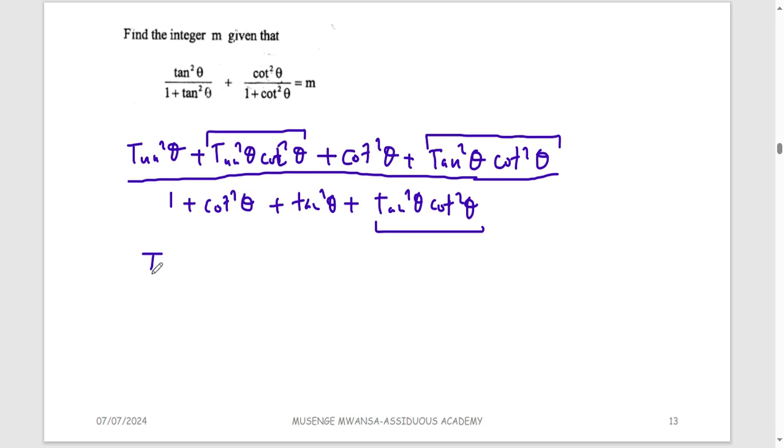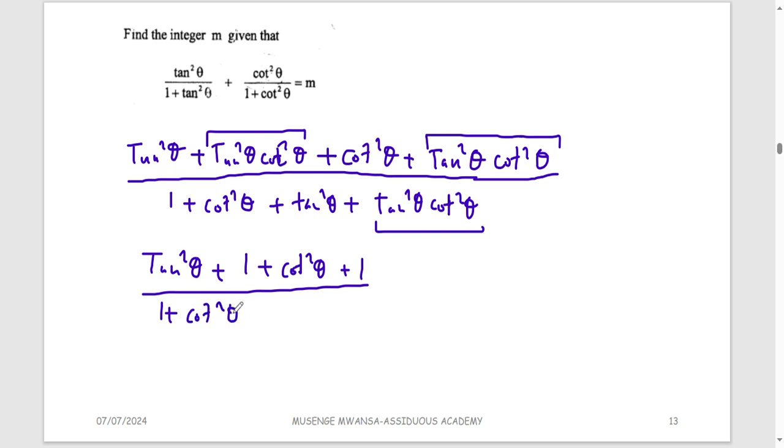So we're going to have tan squared theta plus 1 plus cot squared theta, again plus 1, then divided by 1 plus cot squared theta plus tan squared theta plus 1.